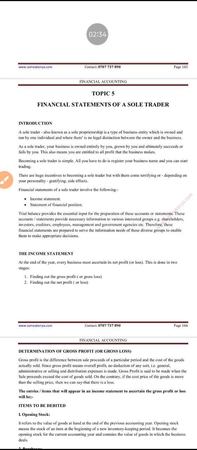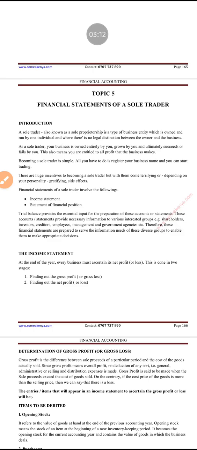All those are the people who use the financial statements. These financial statements are prepared to serve the information needs of these diverse groups to enable them to make appropriate decisions.